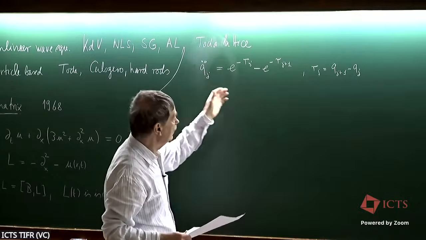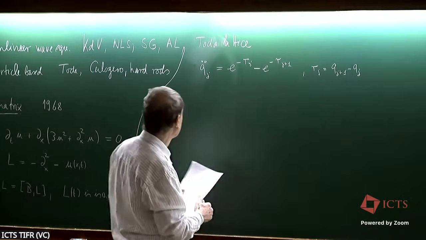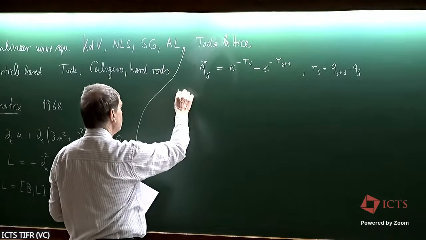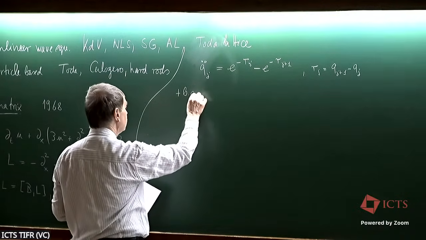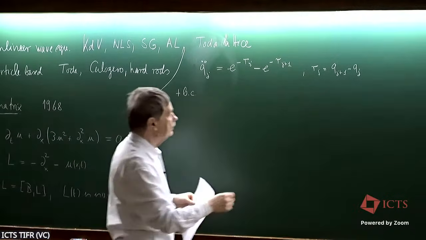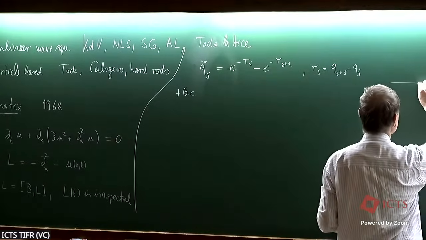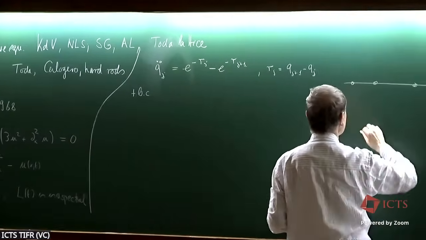It lives on R. The positions are, at the moment, on R. Maybe there could be boundary conditions, which I may discuss, but let's just look at this for a moment. So what you have is the real line, and here you have these particles, and they are moved.